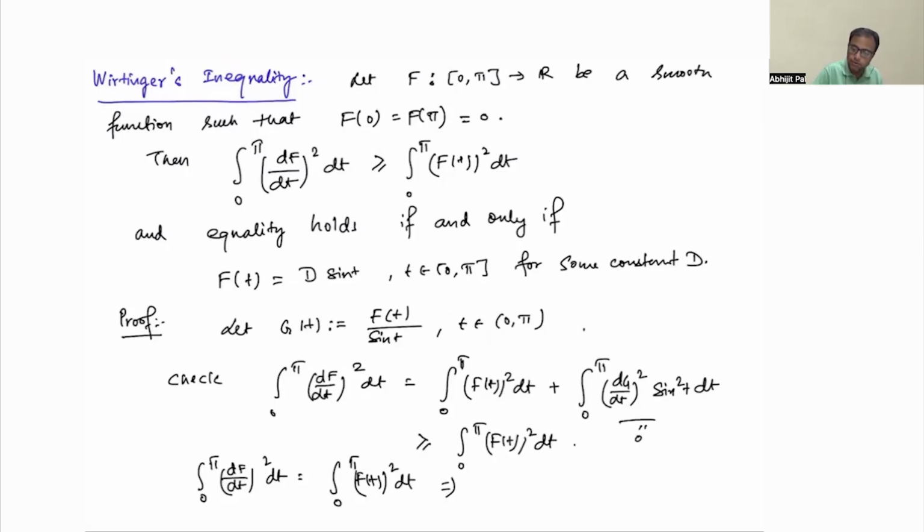And again, the inside part is greater than or equal to 0. So it will imply that dg/dt is equal to 0. And also the converse is true. So dg/dt is equal to 0, so this implies that g(t) is constant.